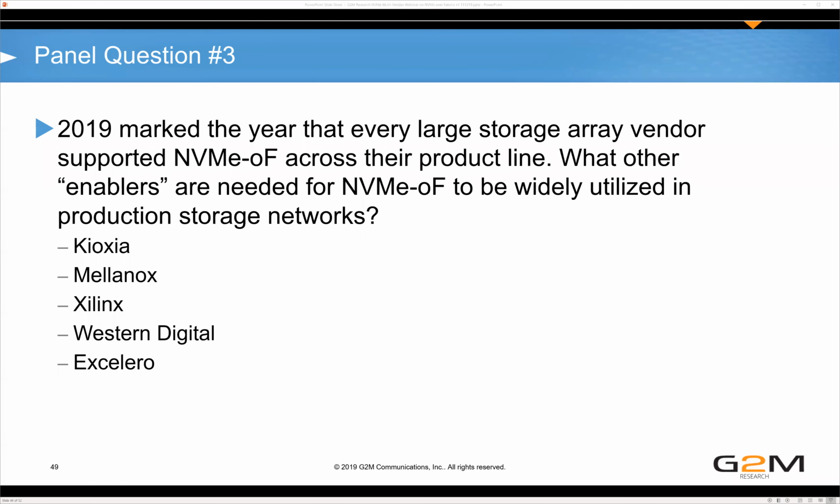Excellent. And Dave, what do you think from Western Digital's perspective on enablers to help NVMe over Fabric take off more? I think everybody ahead of me has covered it, to be blunt. Particularly Joel in his comments about most large array vendors being sort of one size fits all. So I think you need to be careful.